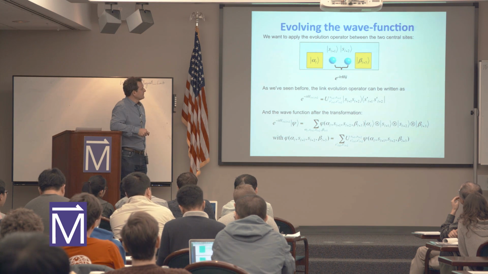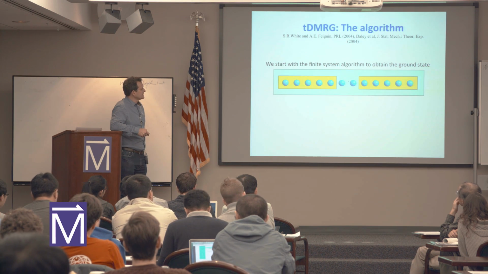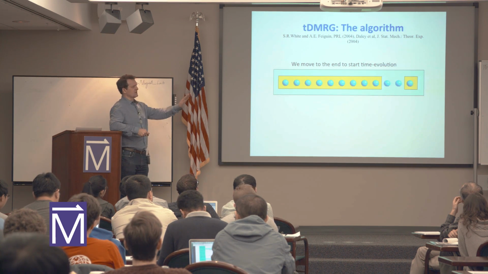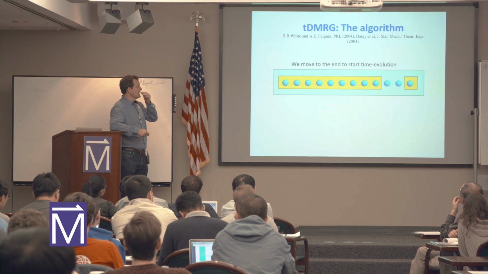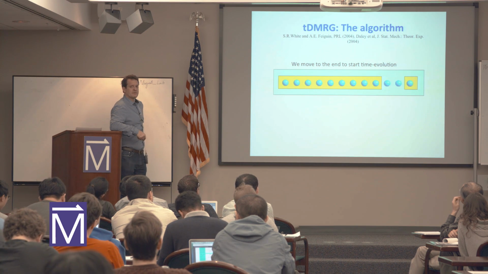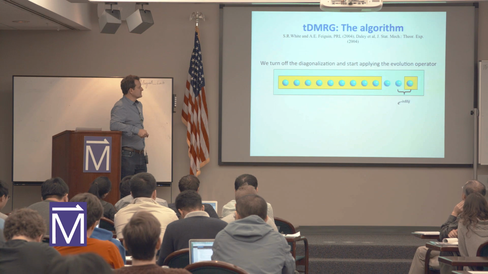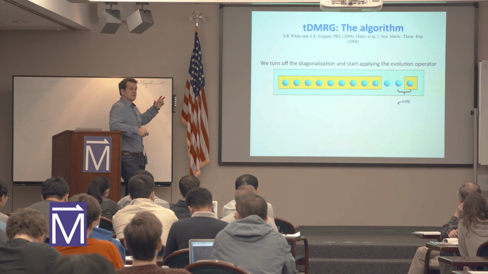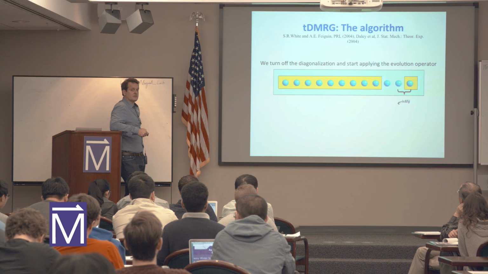And the way we do it in the algorithm is as follows. Imagine this is your DMRG. We actually finish the DMRG here at the end, and this is when we want to start doing our time evolution. The way we do it is we first apply the evolution operator here. Now, remember that we do it every other bond, because we are doing the evolution only on the red bonds, let's say, not the blue bonds.